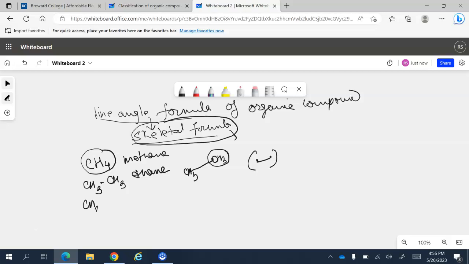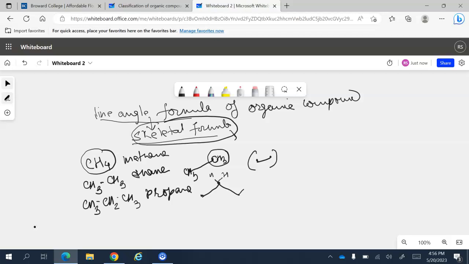Now the other molecule, CH3, CH2, CH3, is propane. This condensed formula we can represent by a zigzag line like this. This terminal point is CH3. In the middle, this carbon has two bonds, which means two hydrogens are hiding there.